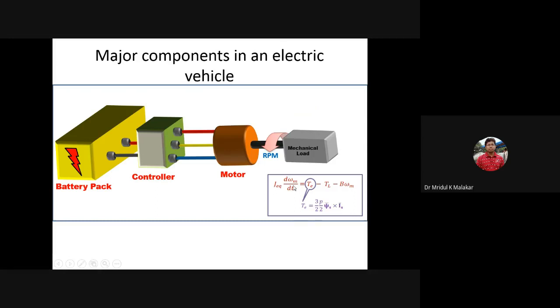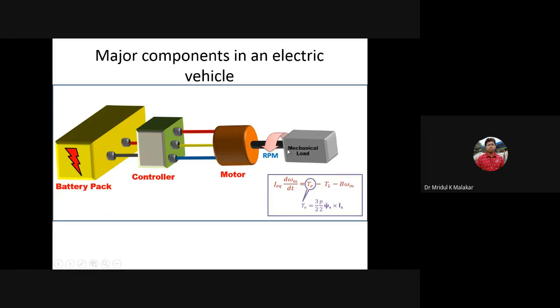I know the mechanical dynamics, the rotational dynamics: J d omega dt, the rate of change of mechanical speed, equals the total electrical torque minus the load torque and the frictional torque. The frictional coefficient b, the shaft friction, is a very low value, so we can neglect it, but for the time being, since this is a big system, some part will be a perturbation.